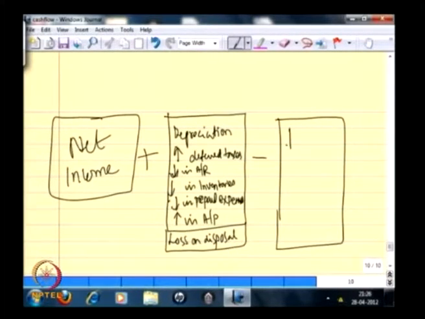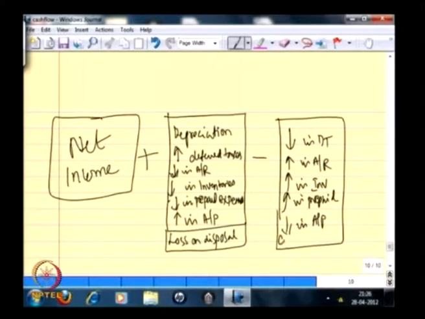It will be decreases in deferred tax, increases in accounts receivable, increases in inventories, increases in prepaid expenses, decreases in accounts payable, and gains on disposal.